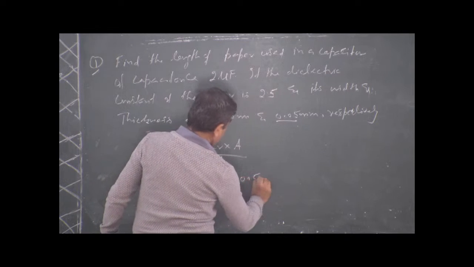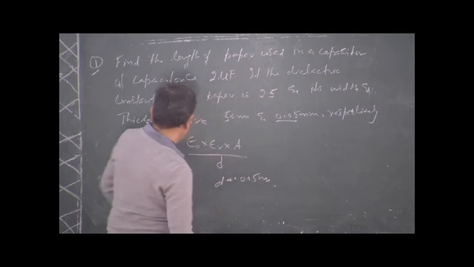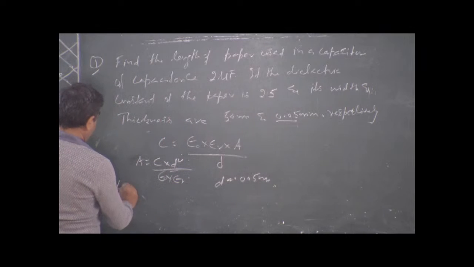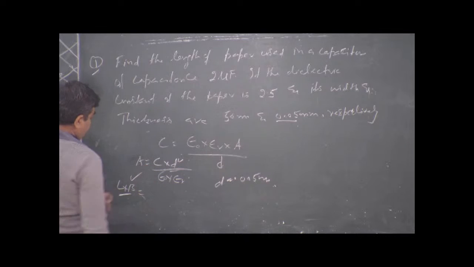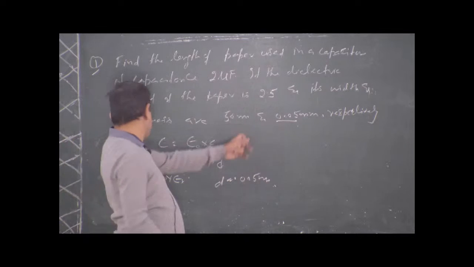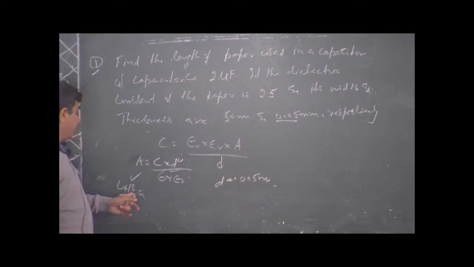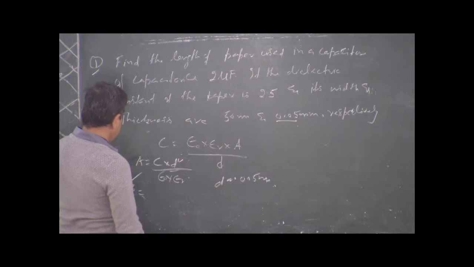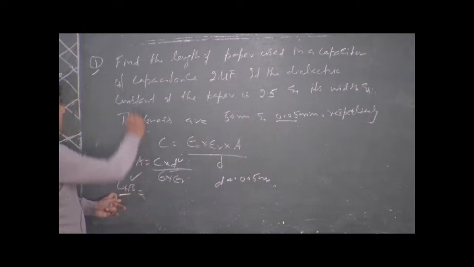0.005 millimeter. So L into B, length into breadth will be equal to area. So you are given breadth which is 50 millimeter. So just put the value of breadth here, and then finally you can, by putting the value of other quantities, you can find the length of the paper.